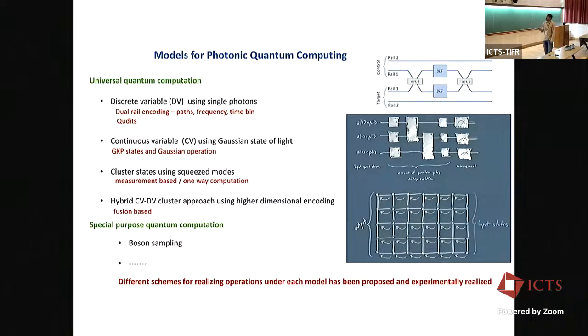But the problem with this discrete variable approach, or photons for quantum computing, though that was one of the first models which came, is that it didn't kick off as a promising hardware. It's because of the probabilistic nature of the gate operations in it. Because photons have bosonic behavior and they can't be controlled the way you want.